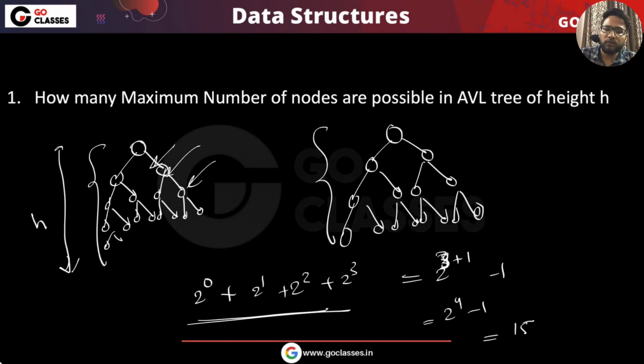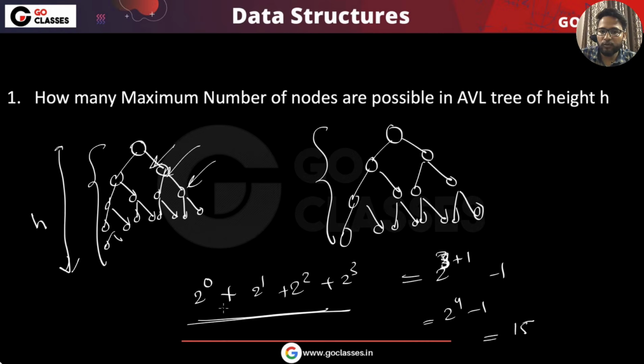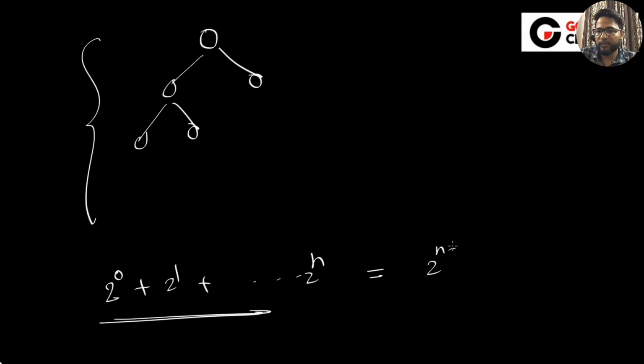So if someone asks how many maximum number of nodes you can put for height h, you will say that for height 3 you go from 2 power 0 to 2 power 3. Similarly for height h you go from 2 power 0, 2 power 1, up to 2 power h. So the maximum number of nodes for height h is 2 power h plus 1 minus 1.